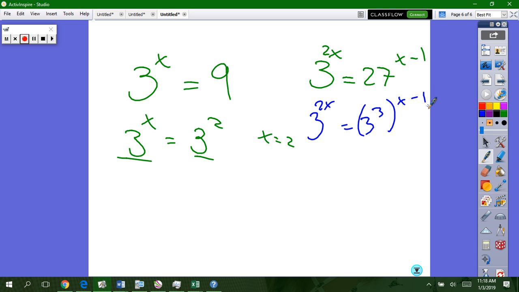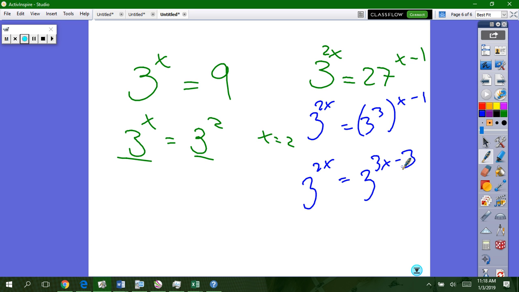Notice I didn't change the value of the 27, right? And it says 3 times 27. What do we do on the power to a power? Multiply. Then what?